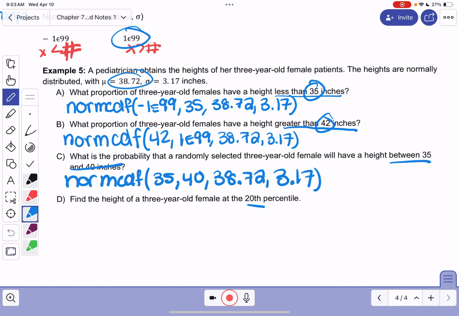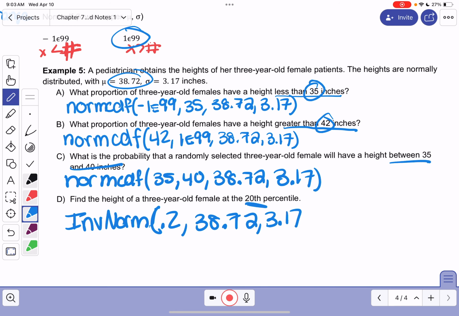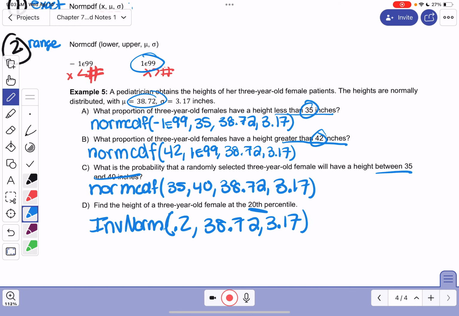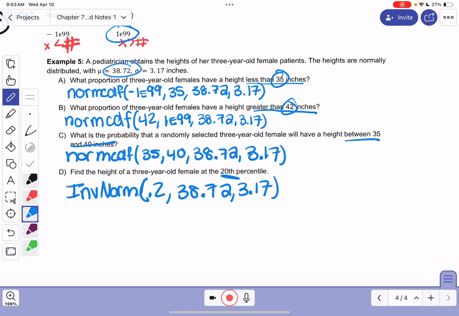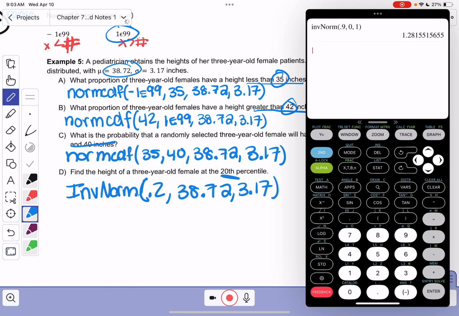And then find the height at the 20th percentile. That's our inverse norm, where our area is 0.2, and then 38.72, 3.17 is our mean and standard deviation. So that's how you write those out. Now we're going to type them in.